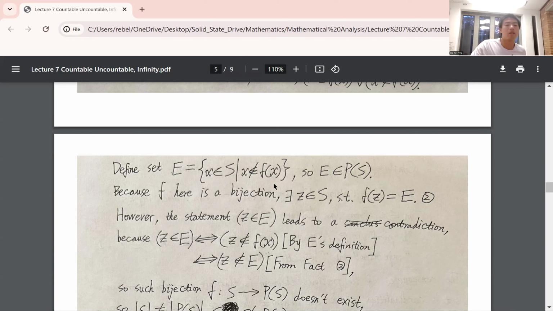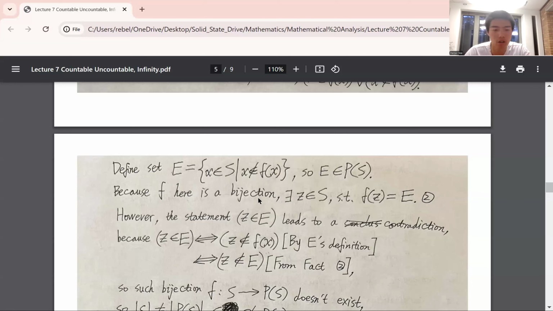But this might not be Russell's paradox, because x can only be chosen from S. And because x is picked from S, E must be a subset of S, so it's in the power set of S. And because f is a bijection, for some element z in S, f(z) is equal to E, and this is from the definition of bijection.